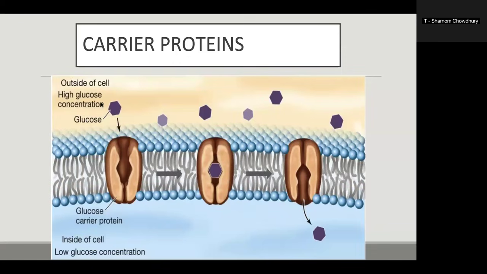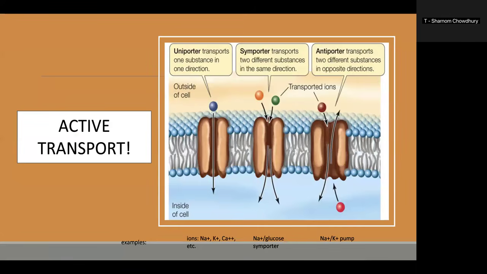Here, glucose is going from high to low to maintain homeostasis and balance it out. This is moving with the concentration gradient. If you're moving something from low to high, that is moving against the concentration gradient, and typically it requires ATP either directly or indirectly.